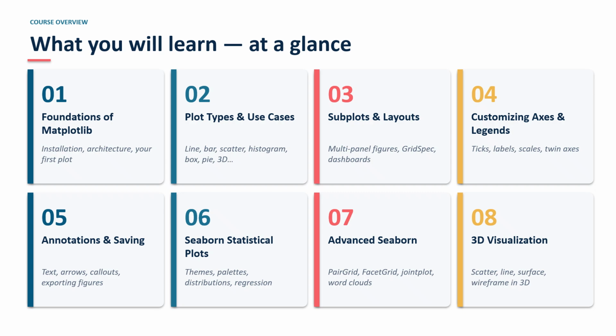Module 3, the subplots and layouts. Module 4, customizing the axes and legends. Module 5 is annotation and saving. Modules 6 and 7 are about the Seaborn library, the higher-level library built on Matplotlib. And module 8 is 3D visualization, 3D scatter plots for multidimensional data. Each module is built on the previous one, so follow the sequence for the best learning experience.